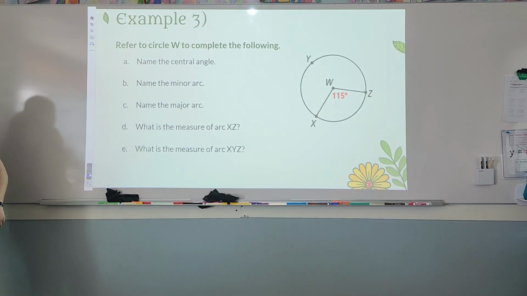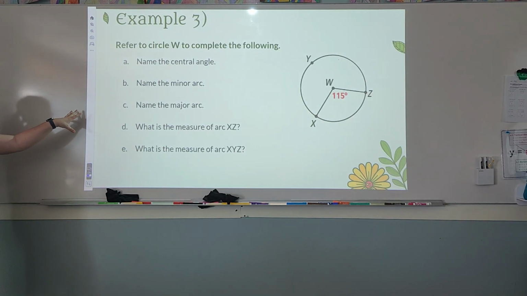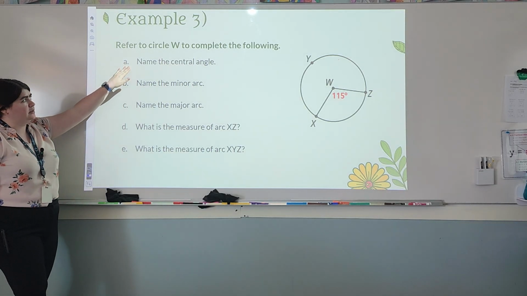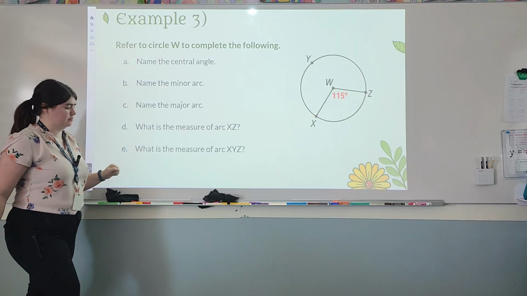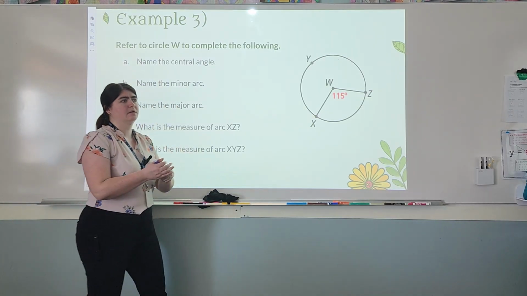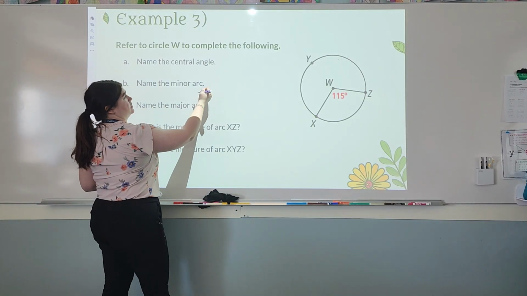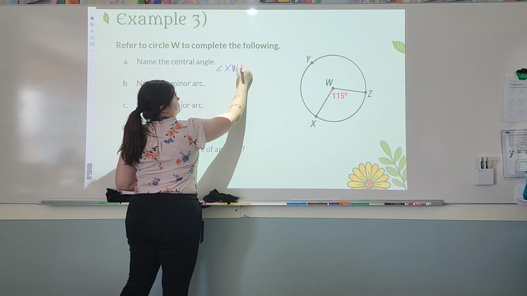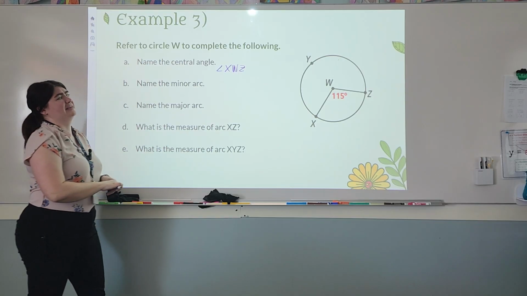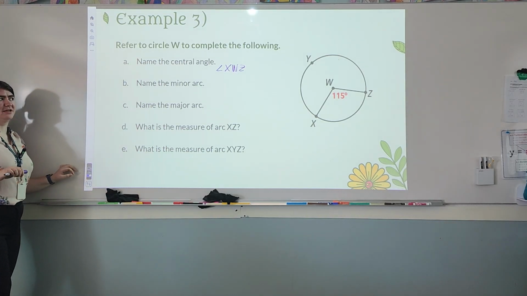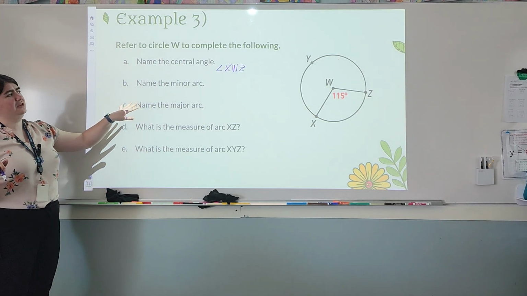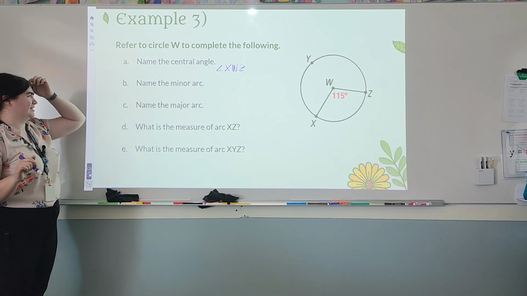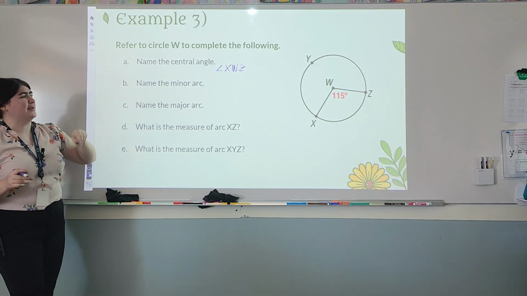So in example 3 here, now we're going to name the things that we just learned about. So part A, name the central angle. Angle XWZ. No, you said Y instead. That's all right. Okay. Name the minor arc.